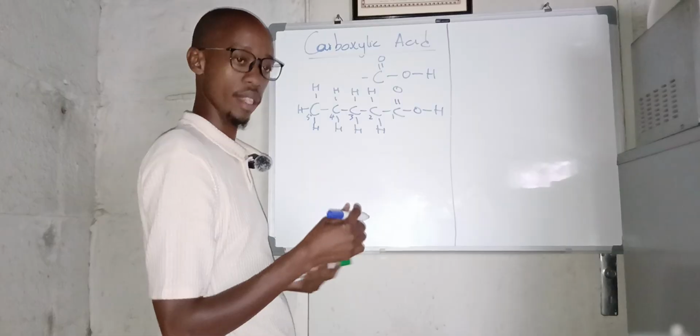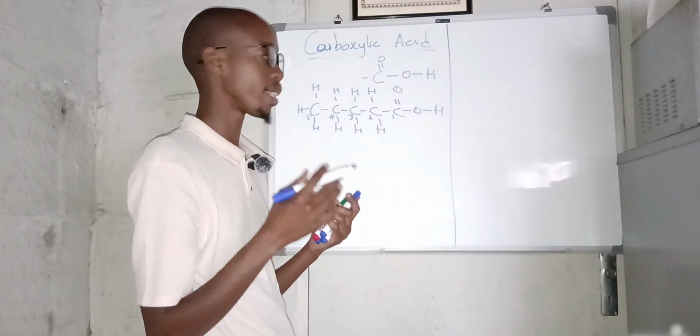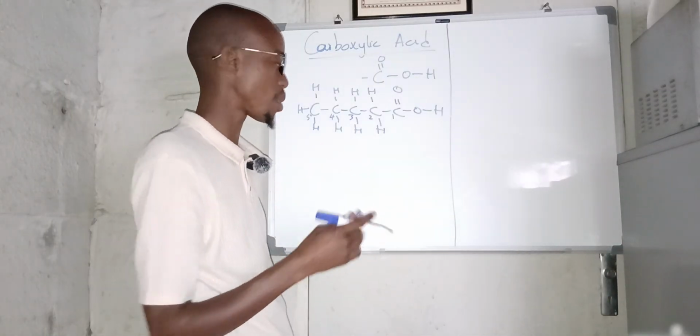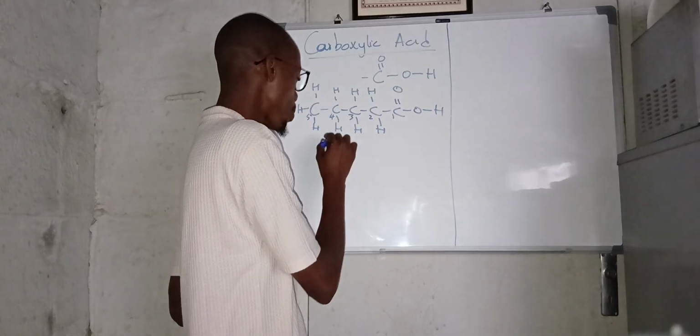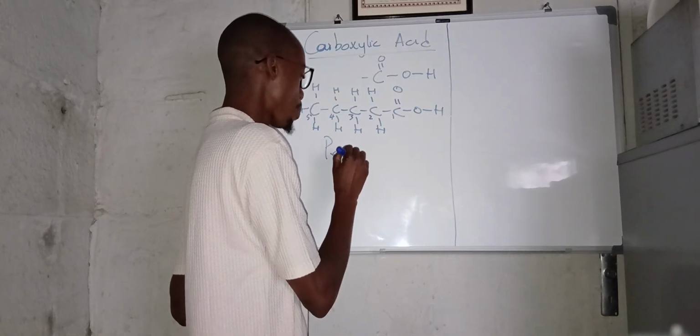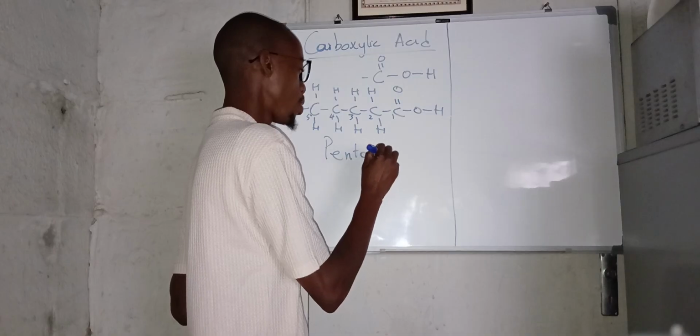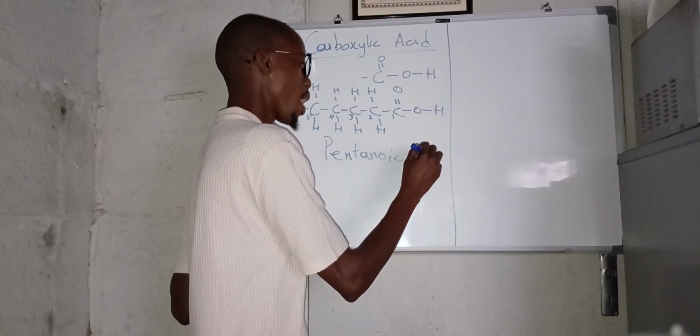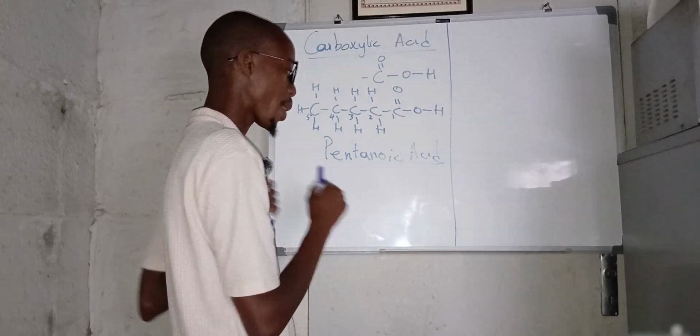So now we understand that we have 5 carbons, meaning the structure will start with pent. So the structure is going to be pentanoic acid. So that is the IUPAC name of the structure, pentanoic acid.